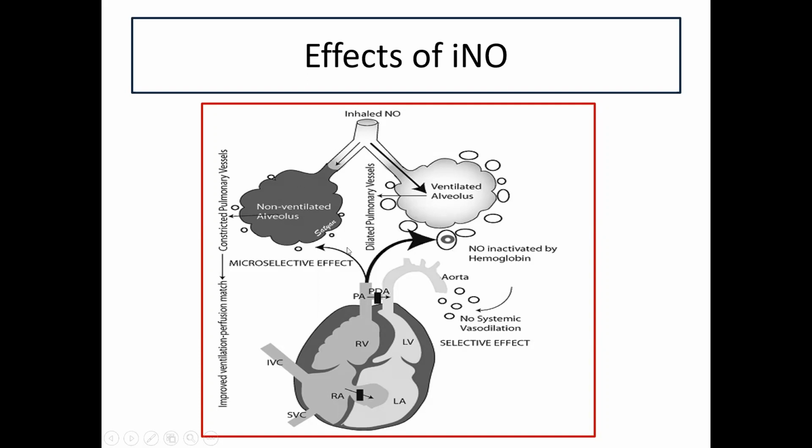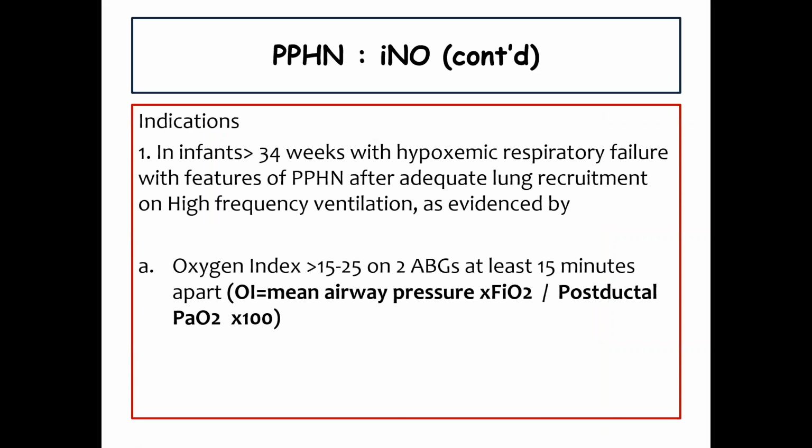So the non-ventilated alveoli and the pulmonary blood vessels situated around them are less likely to get dilated because of nitric oxide. This is called the micro-selective effect. And we know that once it reaches the blood vessels, the nitric oxide gets actively inactivated by the hemoglobin present within the blood vessels, and hence it has almost nil or minimal systemic vasodilatation.